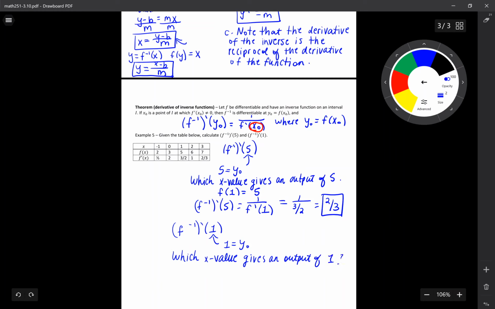I look at my table and I see that none of my f of x's is equal to 1. And because of that, this makes f inverse prime of 1 undefined, because we don't have an x value such that f of x is equal to 1.